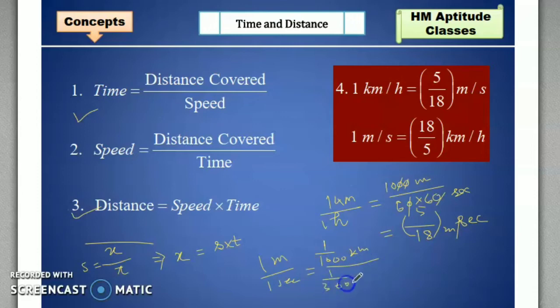Similarly 1 second equals 1 by 3600 hour. If we calculate this, we will get 18 by 5 kilometer per hour. So 1 meter per second is equal to 18 by 5 kilometer per hour. These are the standard numbers that we can remember for quickly solving numericals in exams.